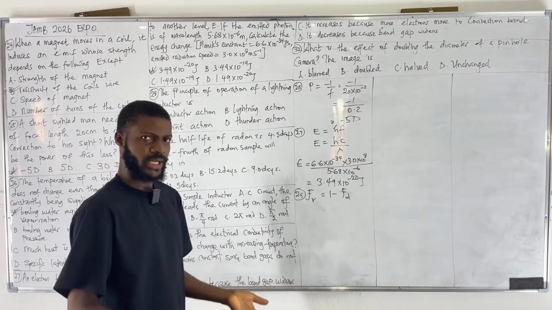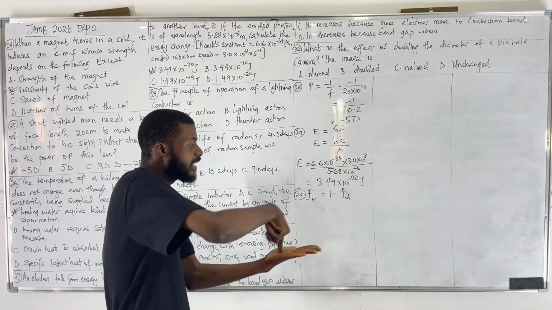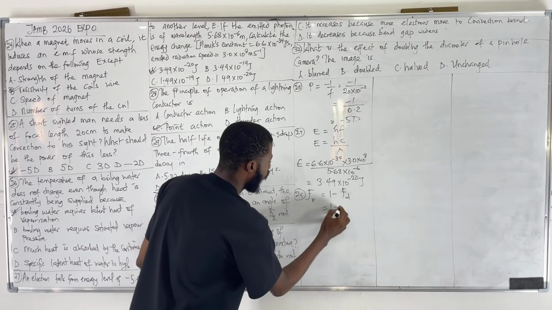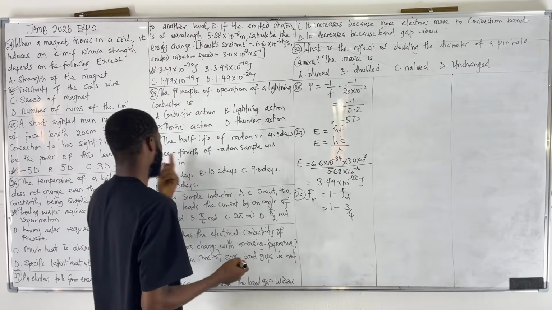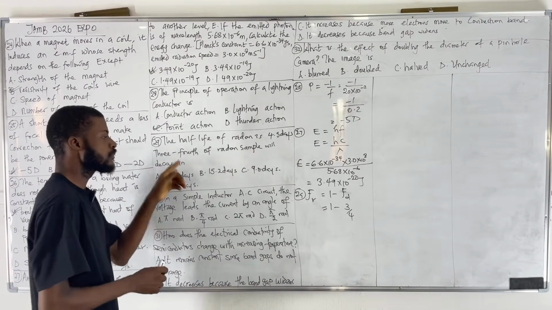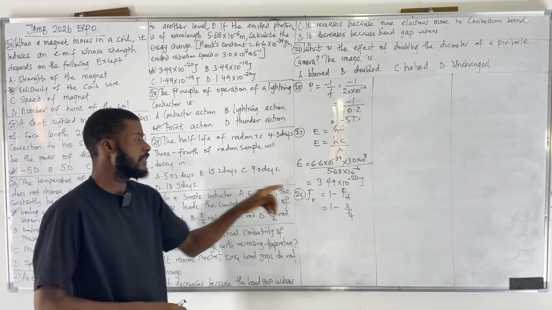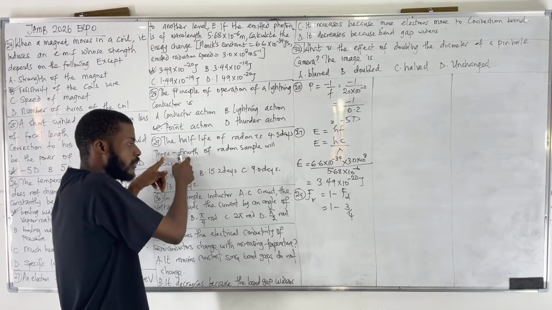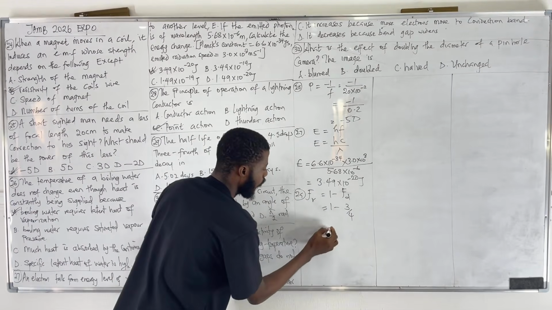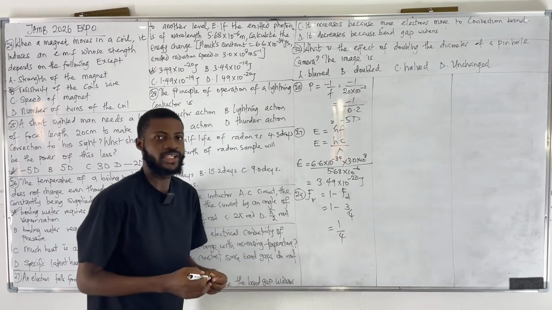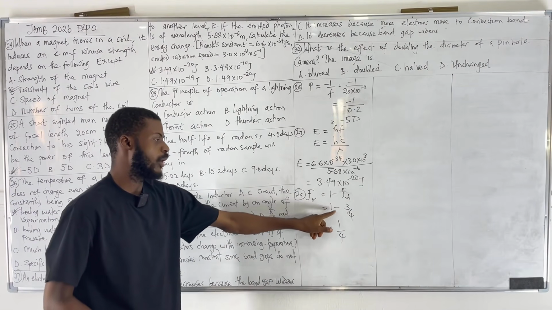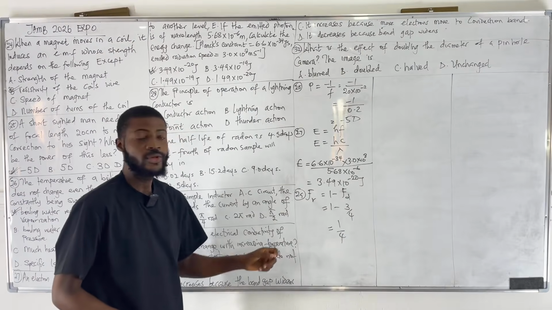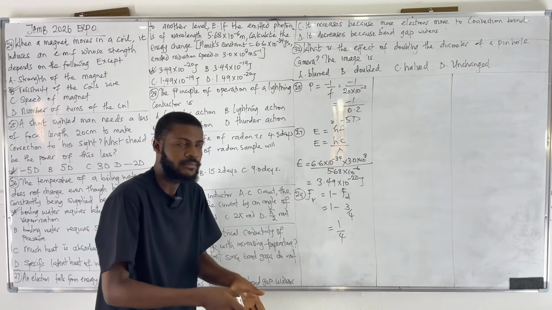So what will be remaining? It will be 1 minus 3/4, because 3/4 means 3 out of 4, so what remains is 1 out of 4. If you're not comfortable with this, 1 minus 3/4 will give you 1/4. So this is the fraction that is remaining.